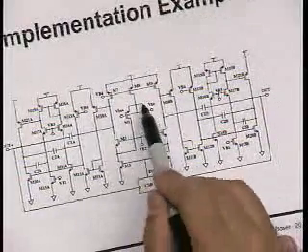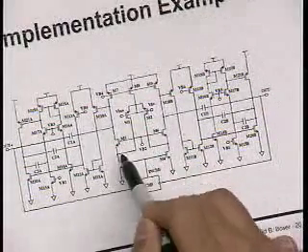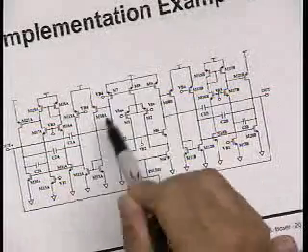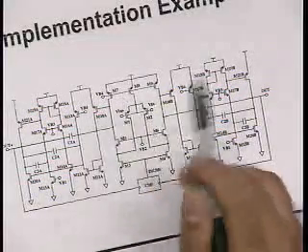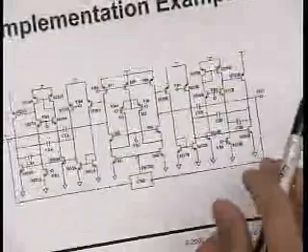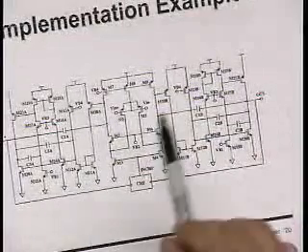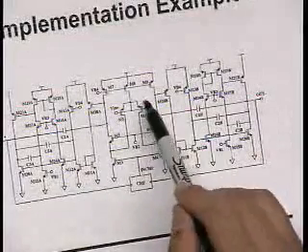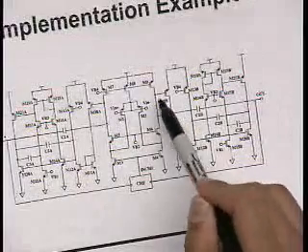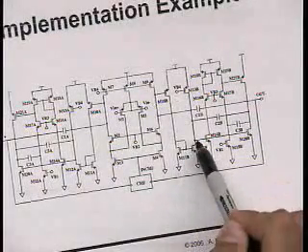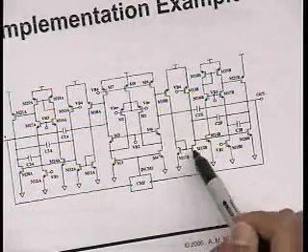So let's start out. This is the input. The input comes here and here. So altogether, this is nothing but a folded cascode. Our first stage is a folded cascode. Then this stage here is a common source amplifier, but I mirror the output, and by mirroring the output, I produce a phase inversion.